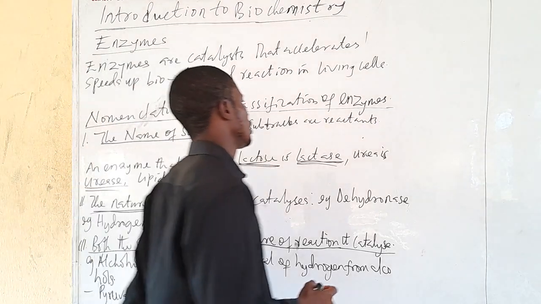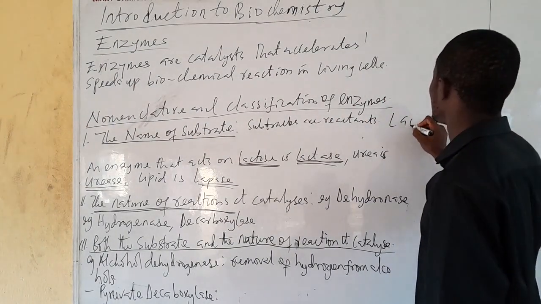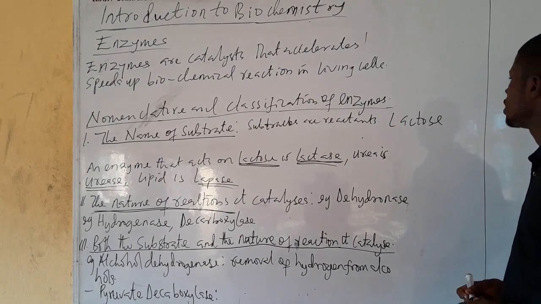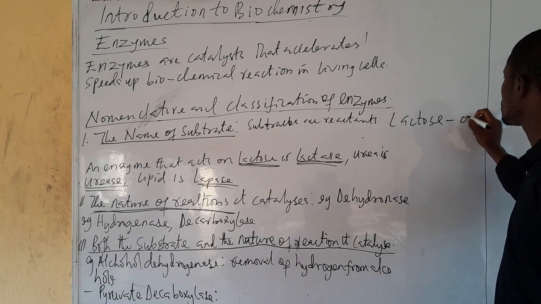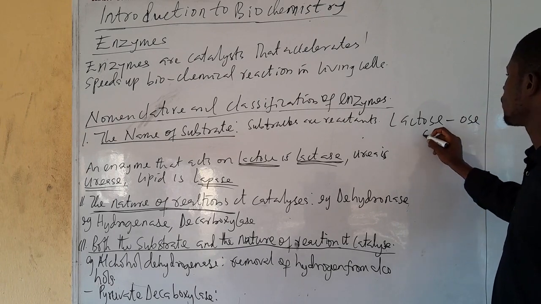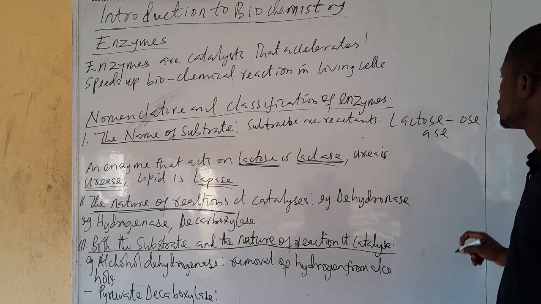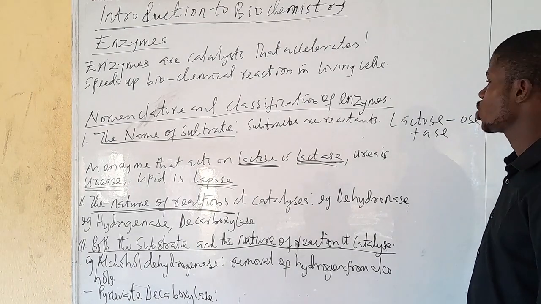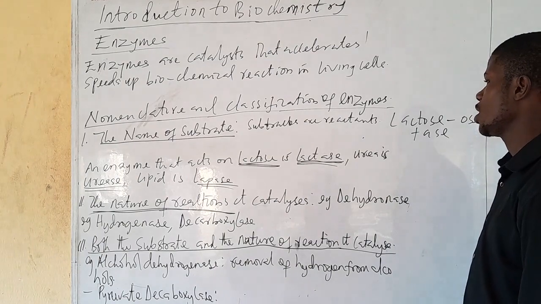Take for instance, in lactose, you see that there is removal of OSE and addition of ASE. So, removal of OSE and addition of what? ASE.